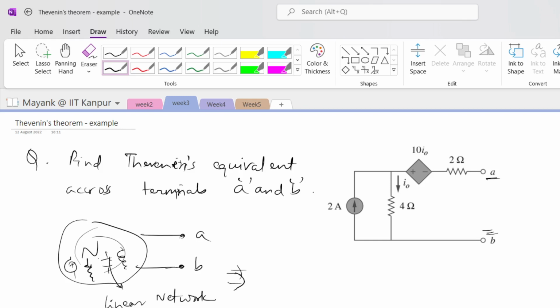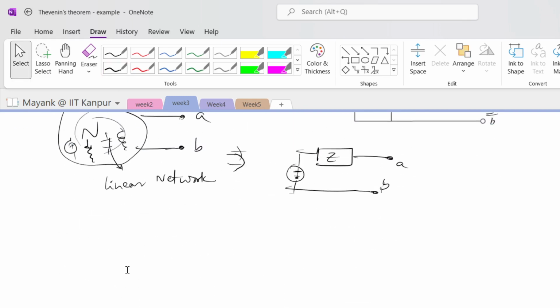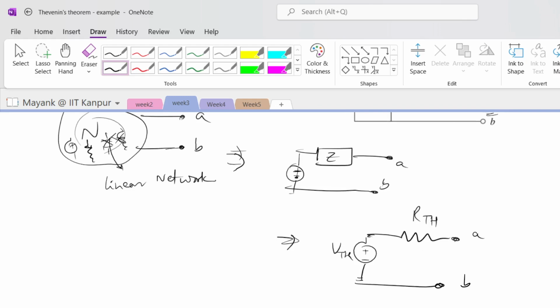So you can replace this network with some equivalent voltage source and some equivalent impedance Z. Fine. Since we are only concerned about DC networks, in the DC case you have no capacitors and inductors, right? So these are gone. So basically for that case you can replace this network by a voltage source V and a resistance R Thevenin. This is V Thevenin, this is R Thevenin. This is across A and B, right?